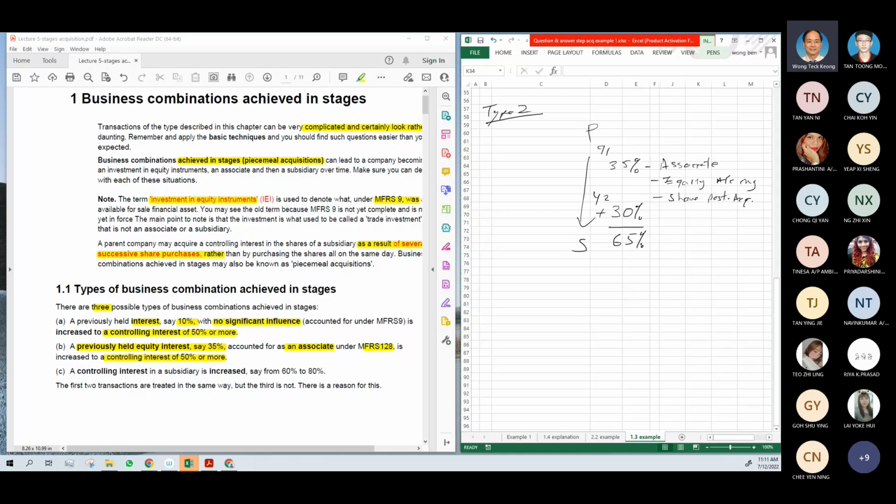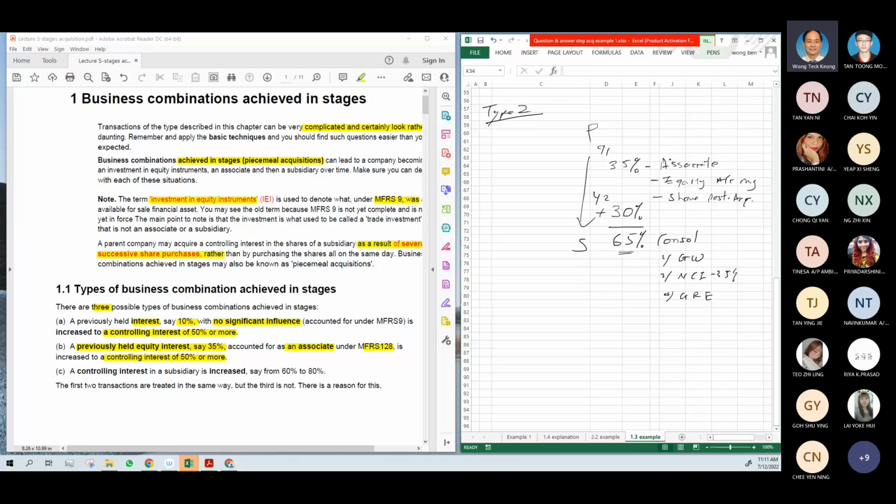Now you do consolidation. First you compute your goodwill when you reach 65%, which is more than 50. Then you have NCI, 35% here. Then you compute your group retained earnings. And on top of this, the previous 35% here, you have to stop when you reach 65.